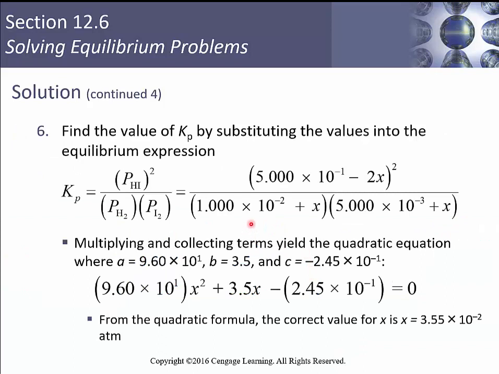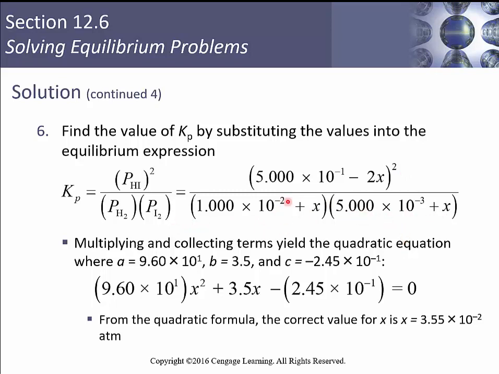I'm going to find the value of Kp by substituting the values into the equilibrium expression. So we've got our products over reactants formula again, but now we're putting in the new equilibrium values, including the x's. So we've got 5 times 10 to the minus 1 minus 2x, squared, over 1 times 10 to the minus 2 plus x times 5 times 10 to the minus 3 plus x.